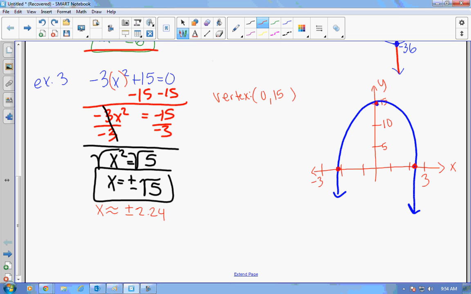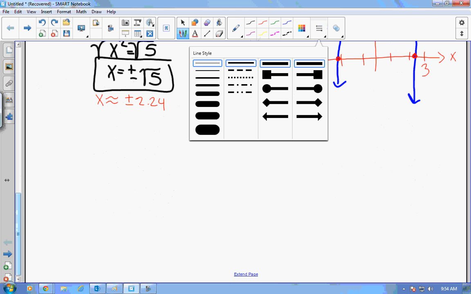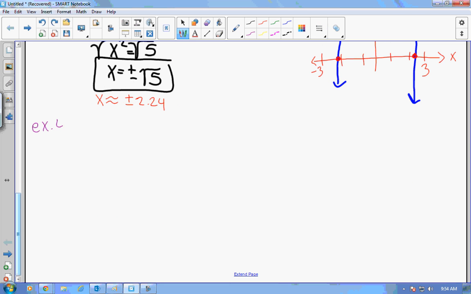If you've survived that challenge, I think you're ready for the next challenge. Example 4. Two x squared plus 8 equals 0.